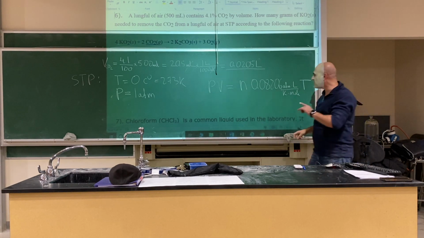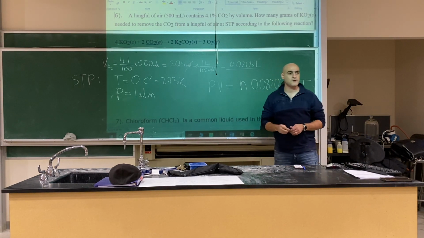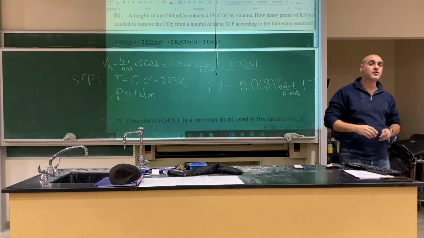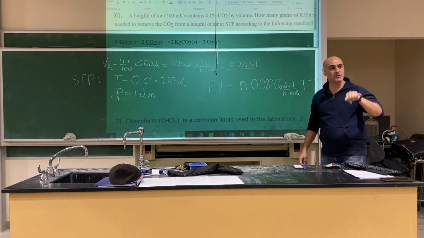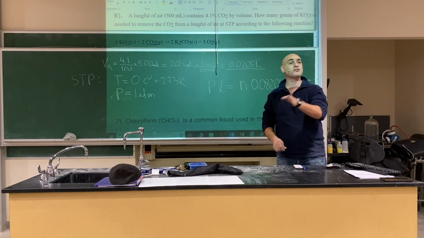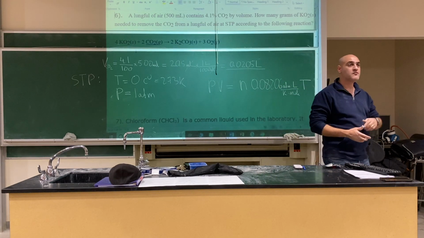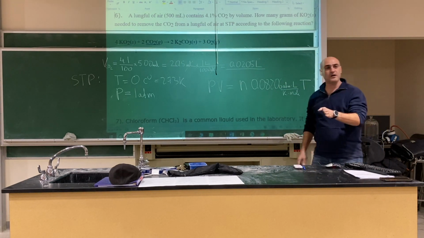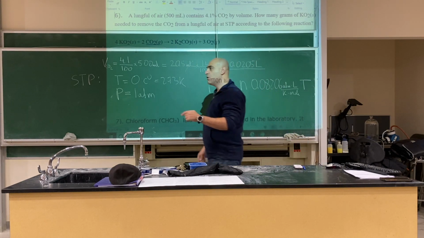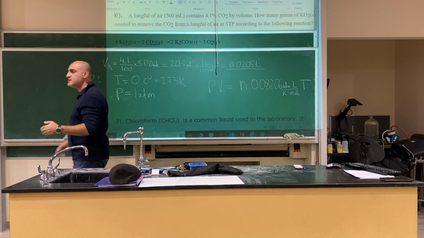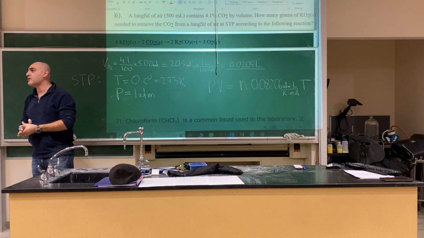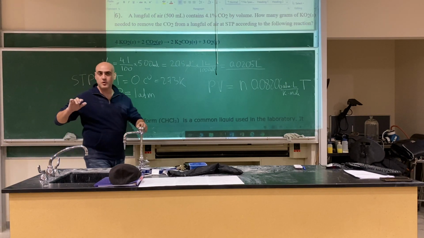I chose this because I want to use atmospheres for my pressure. If I choose 62.4, then I would have picked millimeters mercury for my pressure. So R decides what kind of units for pressure, volume. That's why in PV equals nRT, guys, I'm locked into whatever the units of R is. R tells me what kind of units I can or cannot use. But temperature is always Kelvin.